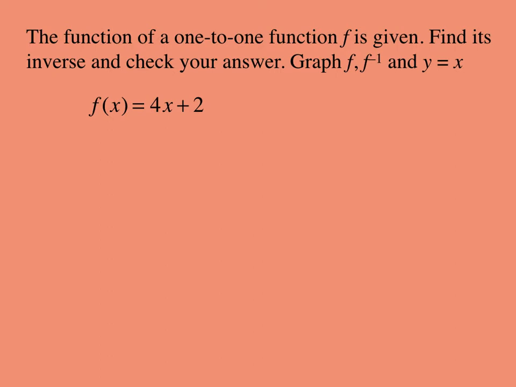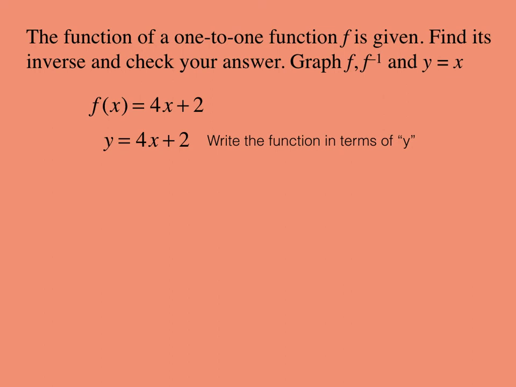So here we are asked to find the inverse of f of x, which equals 4x plus 2. Then we're supposed to graph the original function, the inverse function, as well as the line y equals x. So what we're going to do algebraically to find the inverse is we start by writing the function in terms of y. So instead of f of x, we'll just call it y equals 4x plus 2.